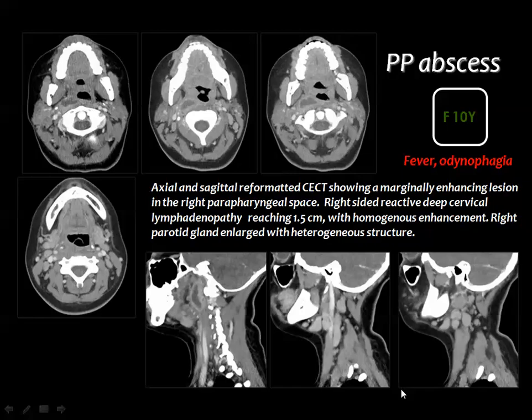And this is the parapharyngeal abscess. The abscess is located posterior to the parapharyngeal fat, and it shows the classic appearance of an abscess, cystic lesion, marginally enhanced, and many times you see the reactive cervical lymph nodes deep to the sternomastoid muscle in the axial image around the submandibular salivary glands sometimes.